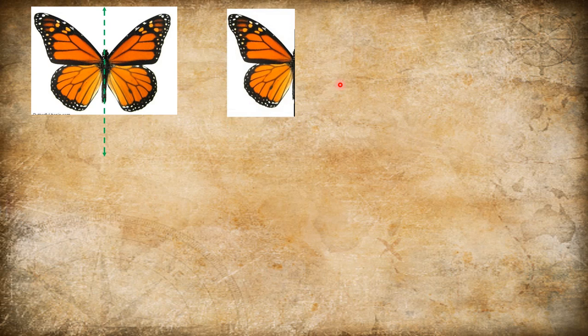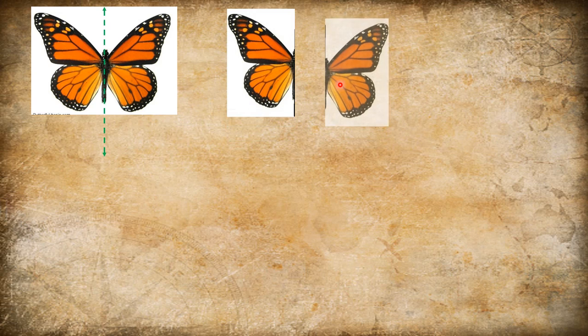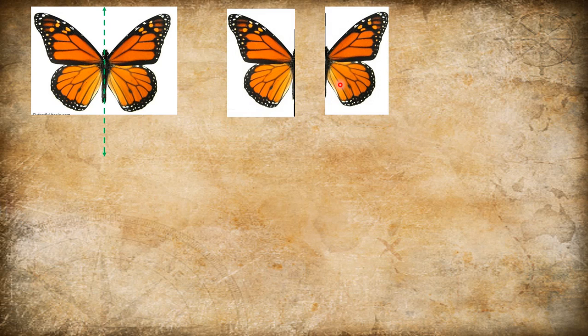Yes, by drawing a line exactly in the middle of this image of the butterfly. So it will look like this half is the left part and this half is the right part of this butterfly.